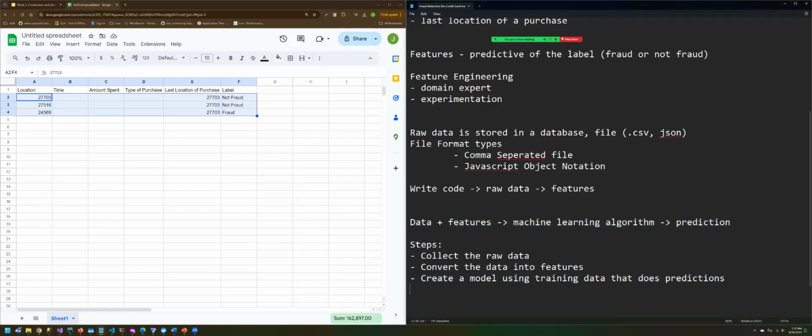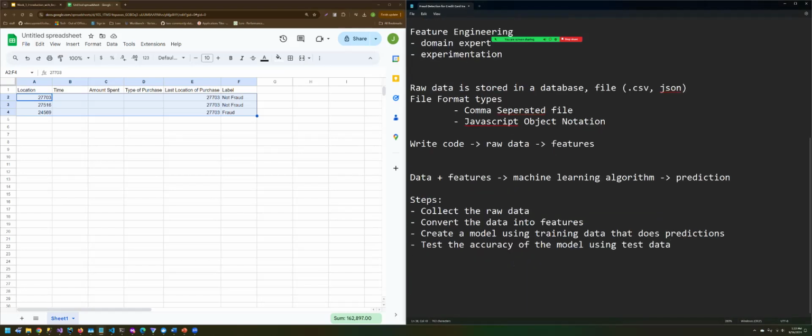And then you want to test the accuracy of the model using test data. So those are, I really made this simple, but those are high level steps to building a machine learning tool. And so let's dig into this.